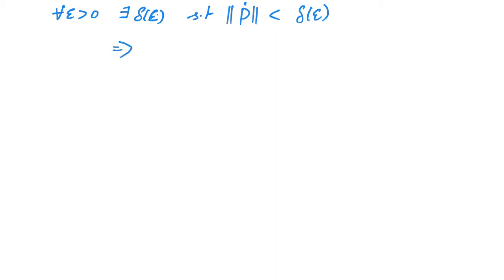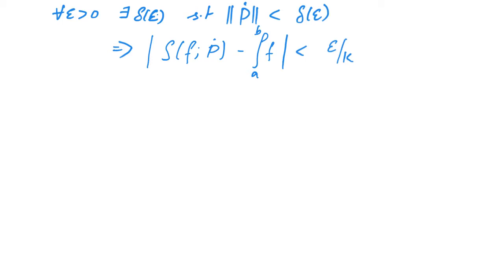As f is integrable, we know that for every epsilon greater than 0, there exists a delta of epsilon such that the norm of P dot less than delta of epsilon implies that the modulus of S(f; P dot) minus the integral from a to b of f is less than epsilon divided by k. We can find such a delta of epsilon.